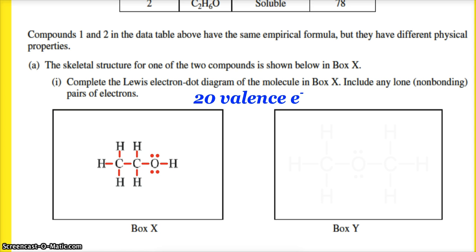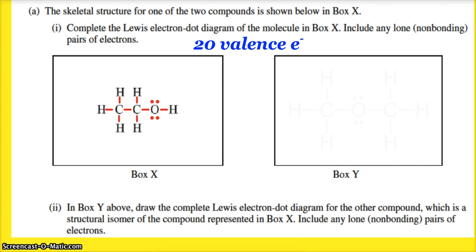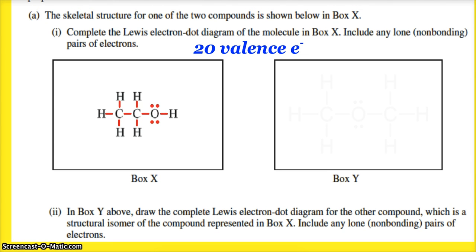So that looks good. Part 2 now says in box Y, draw the Lewis electron dot diagram for the other compound, a structural isomer. Well, I can't do anything different with hydrogens. They can only single bond. So I think the only logical thing is to move this oxygen from here in between the two carbons.